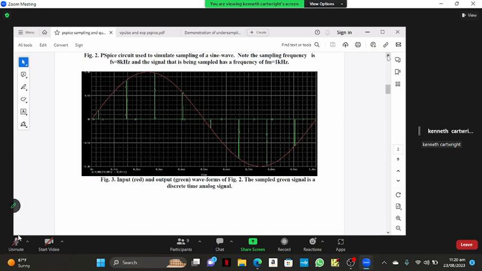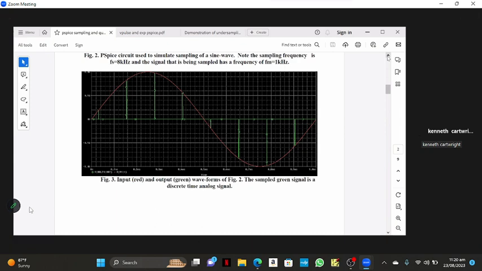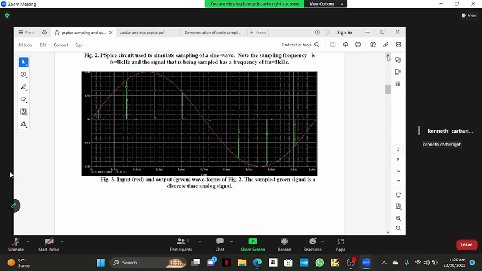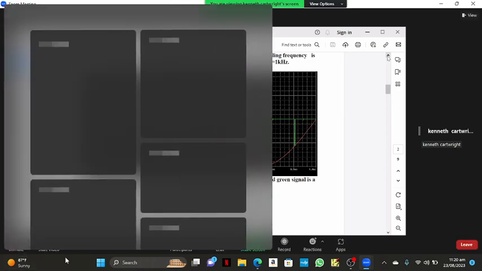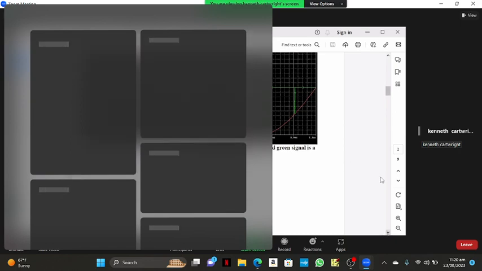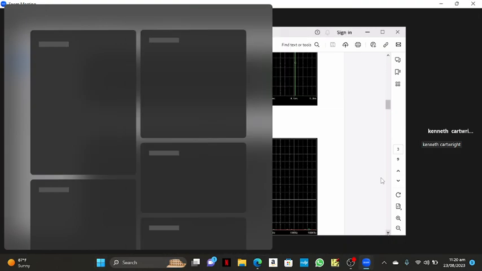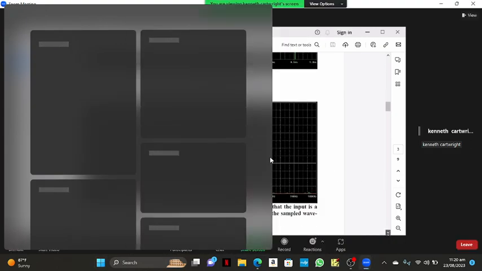The green is not a digital signal. It is simply a discrete time signal, because we have not quantized the values of the green yet. Any questions about that? I sent you this handout. All right. What am I looking at in figure 5?